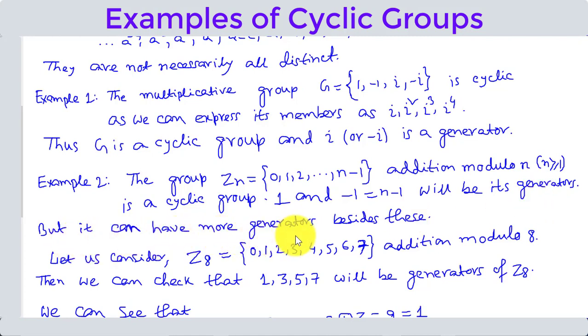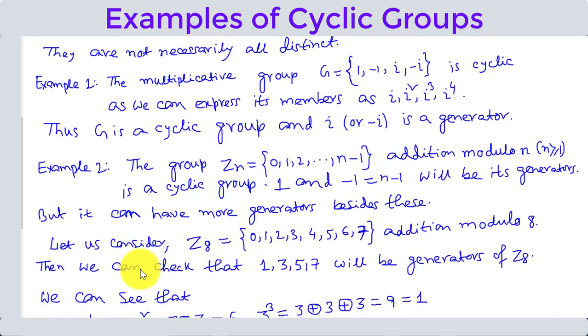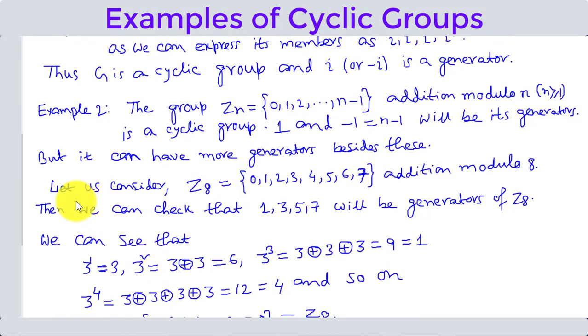But it can have more generators besides these. Let us consider Z8 is equal to {0, 1, 2, 3, 4, 5, 6, 7} under addition modulo 8.